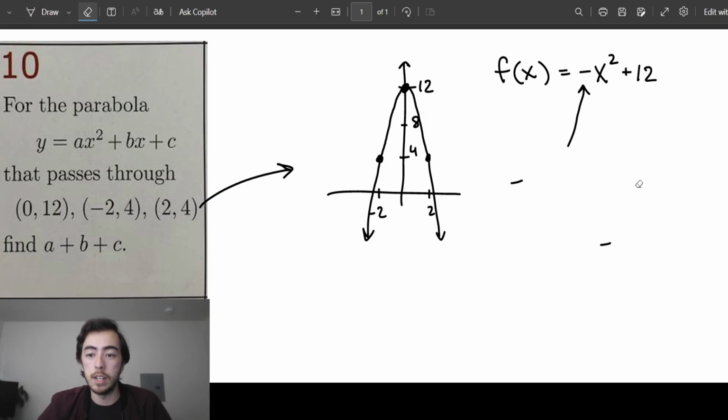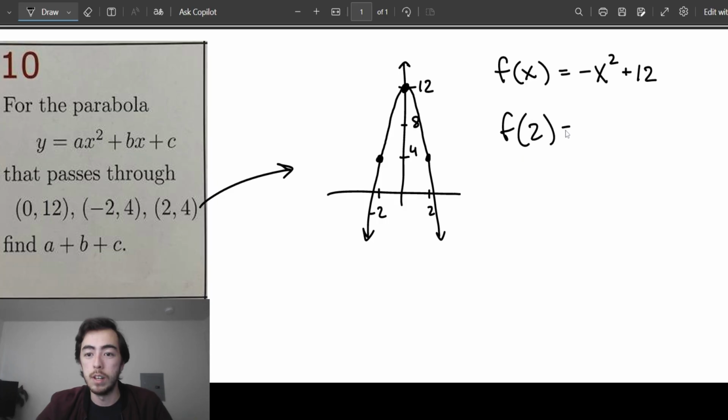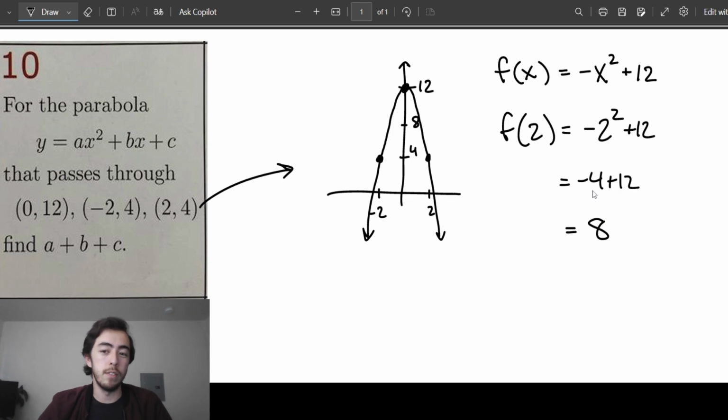So just to double check whether this equation works, I should try plugging in the 2. So f of 2 is equal to -2 squared plus 12. Looks like that's -4 plus 12. And this is going to be 8, which poses a little bit of an issue because on the graph, when we plug in 2, we're supposed to get a 4.